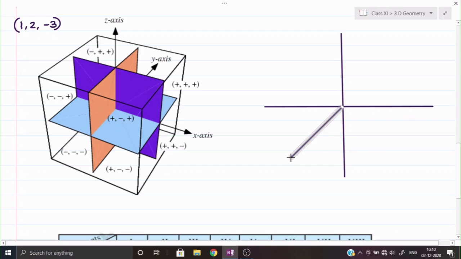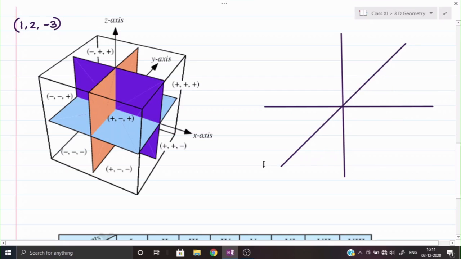You will say that this is the z-axis. This axis you can extend also if required. Otherwise, this will show one of the axes.